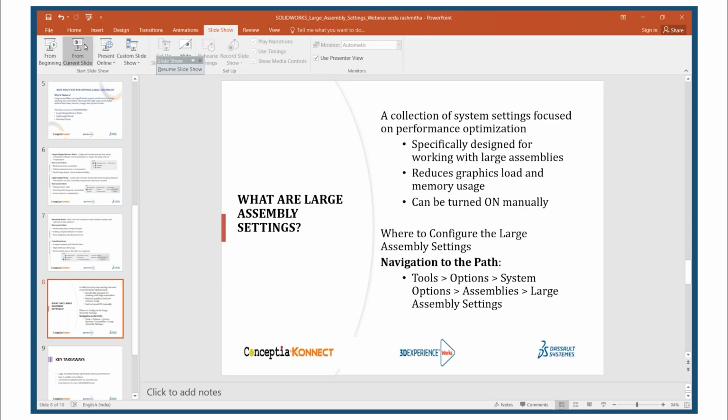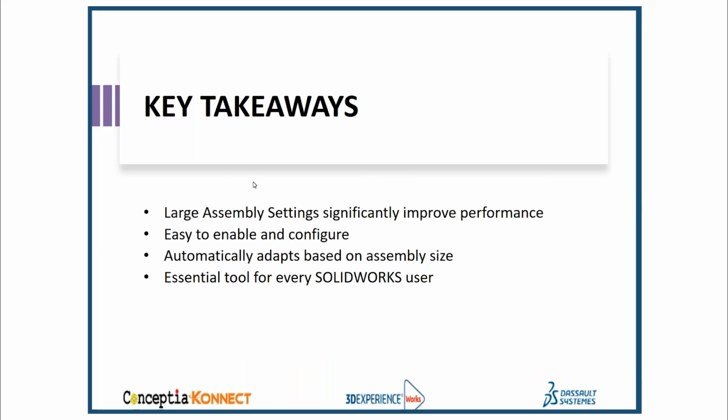Performance ultimately depends on your system configuration. If you expect good performance for large assemblies, almost 90% of it depends on your hardware: basically the system RAM, processor, clock speed, and the graphics card needed to load large assemblies or any assemblies. So indirectly it depends on the configuration also.